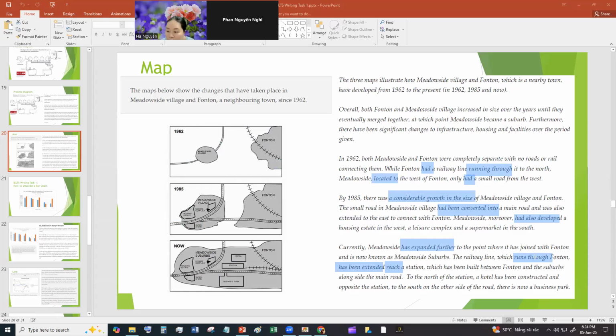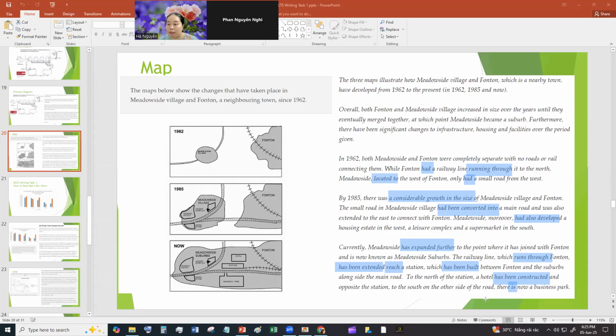The railway line which runs through Fontaine has been extended to reach a station which has been built between Fontaine and the suburb. To the north, a hotel has been constructed, and opposite the station to the south on the other side of the road, there is a business park. So there you go.